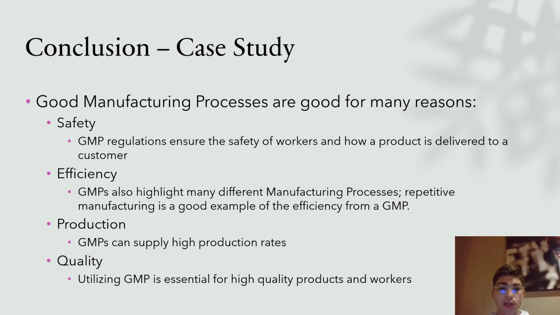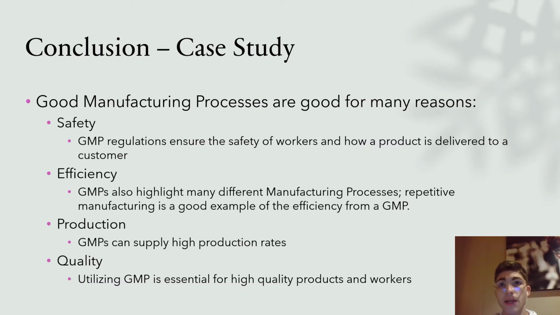Efficiency. GMPs, good manufacturing practices, also highlight different processes. Like I said, repetitive manufacturing, you got batch production, you got all these different types of production that can go on for GMPs. They're all different types, but I think GMPs highlight individually the pros versus the cons of each manufacturing process.